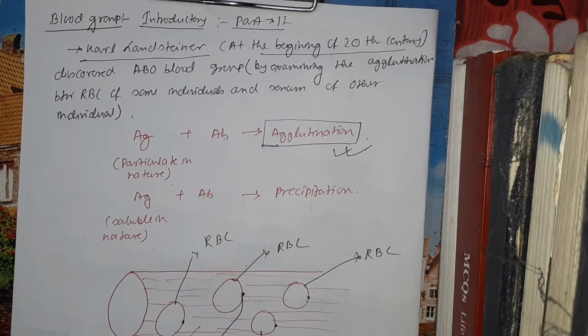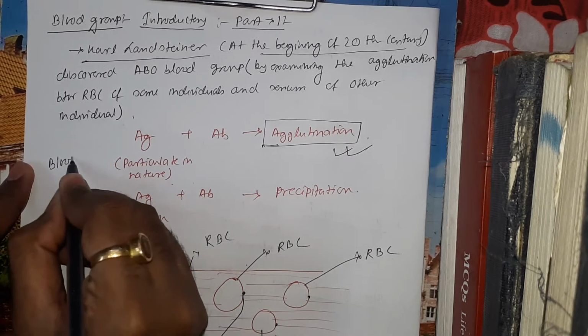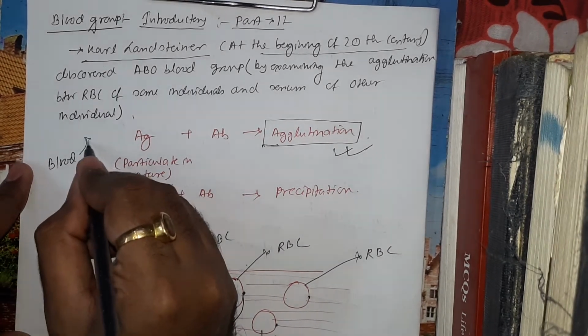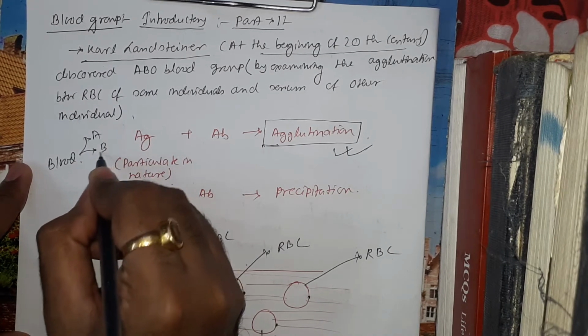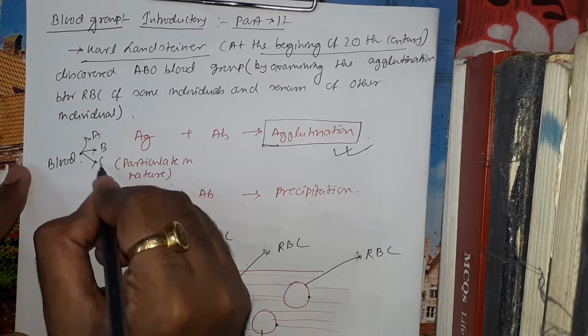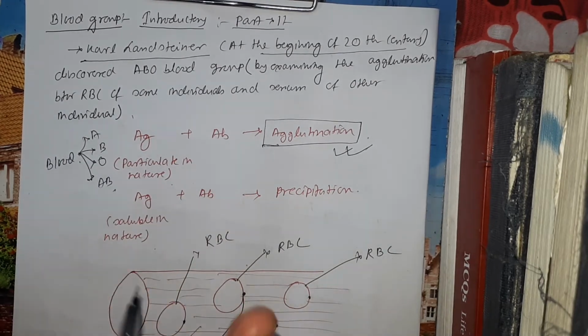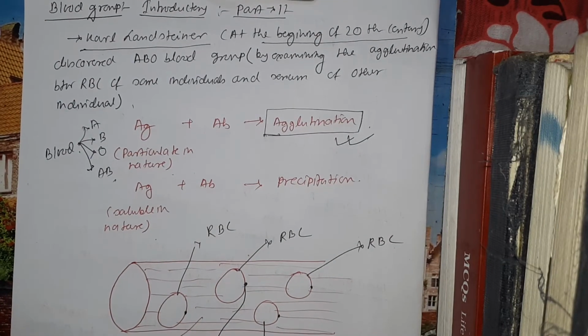He noted in detail the pattern of agglutination between RBCs of some individuals and serum of other individuals, and found out that our blood group can be divided into 4 different groups, that is A, B, AB, and O, and AB is our main focus part.